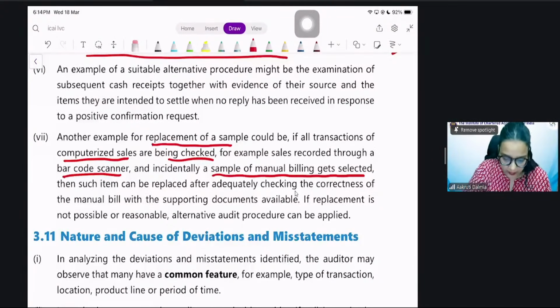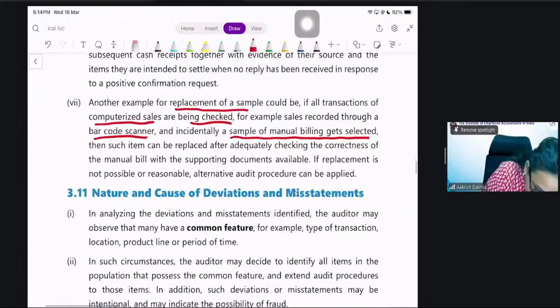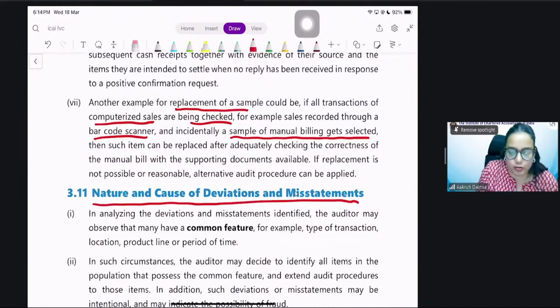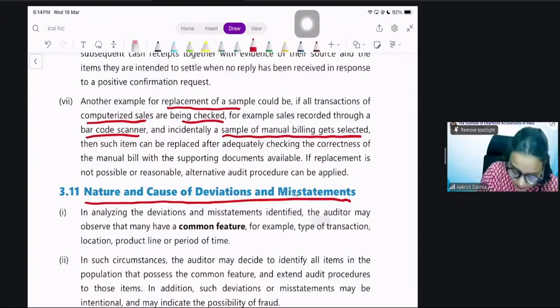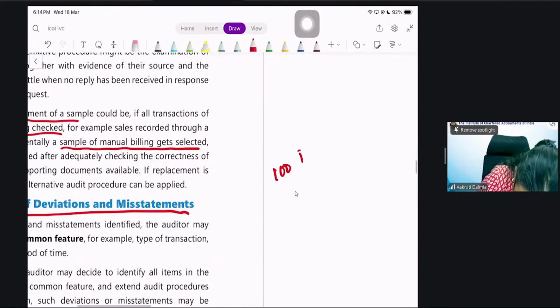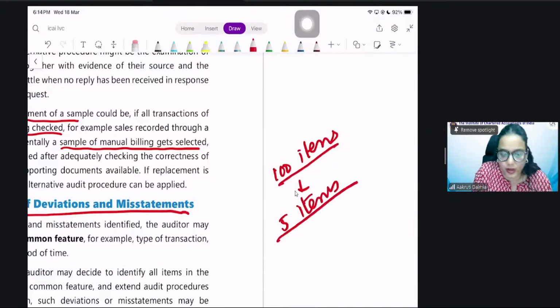Okay, that's it. Now next, in continuity of this only, what can be the nature and cause of deviations? See, when you're doing sampling, out of 100 items, you may check only 5 items.